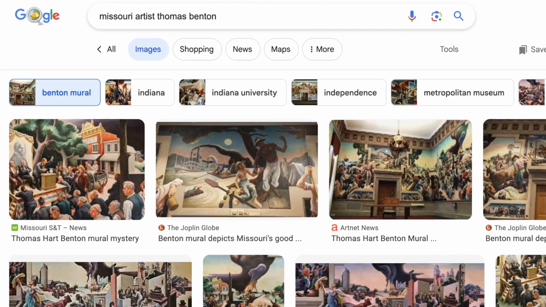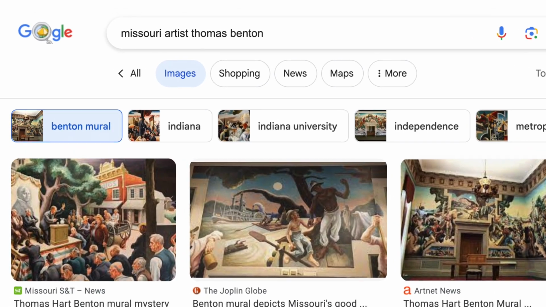The commission was headed by Rockefeller Jr. And so I think that there may have been some influence in the way that Kerswill is painting in his style. We see this style again in Missouri artist Thomas Benton. Thomas Benton, figurative storyteller, was in Kansas City, Missouri.